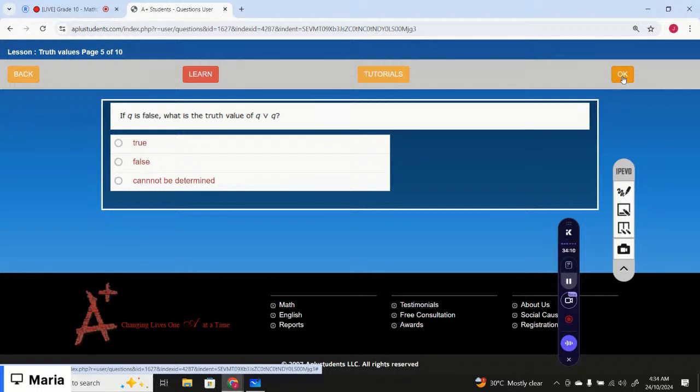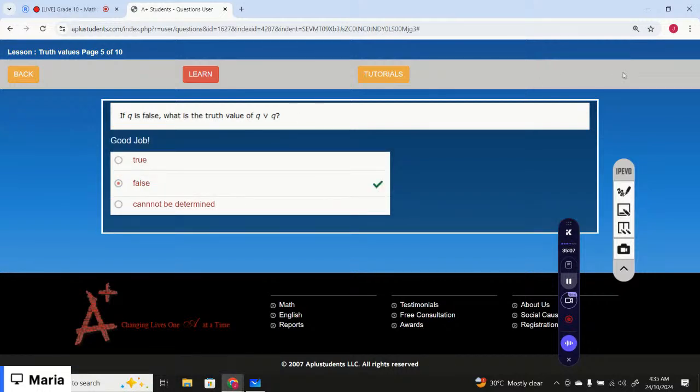If Q is false, what is the truth value of Q or Q? Q is false, so both of the operands are false.